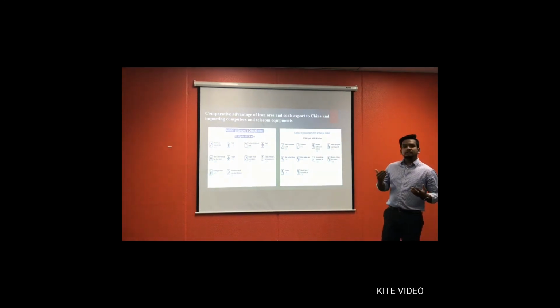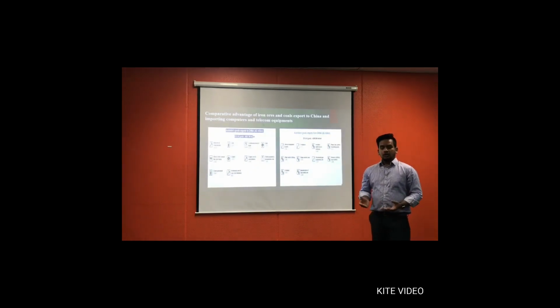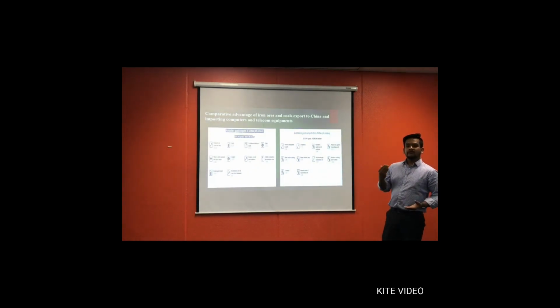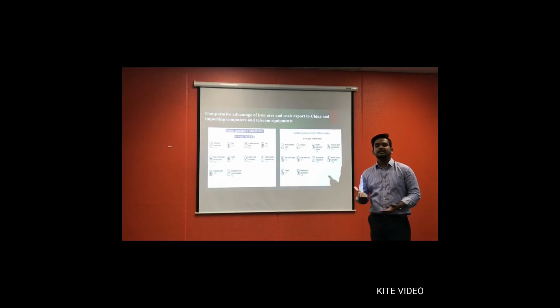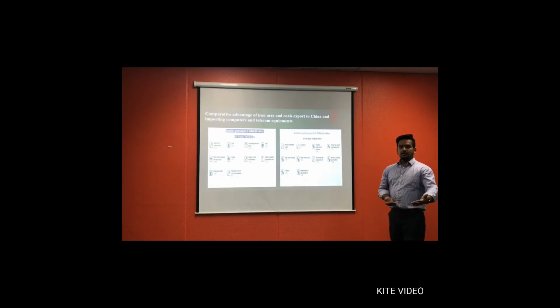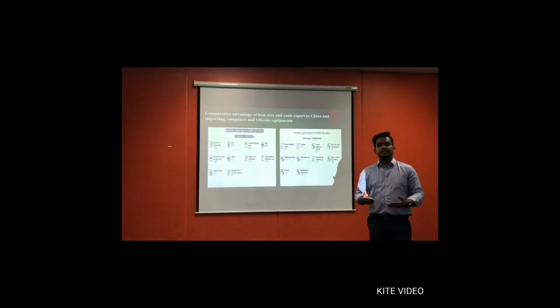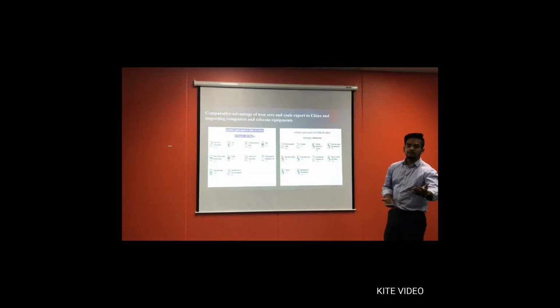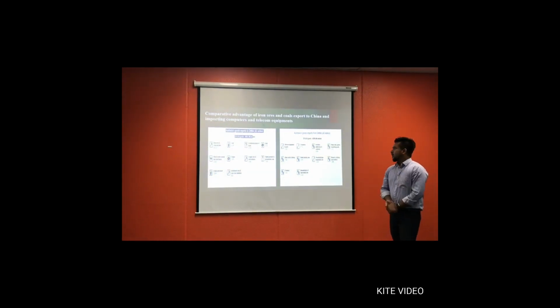So it's Australia's comparative advantage to explore natural resources and export them to China and get sophisticated electronic and computer equipment from China to meet Australia's demand for telecom equipment and computers.